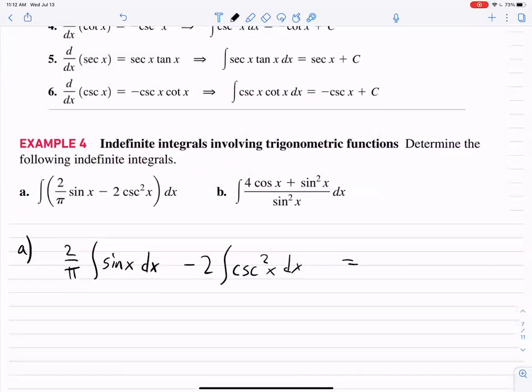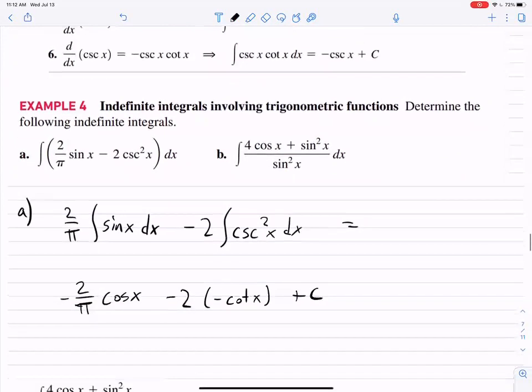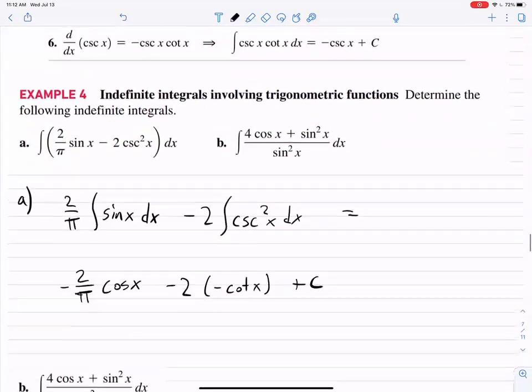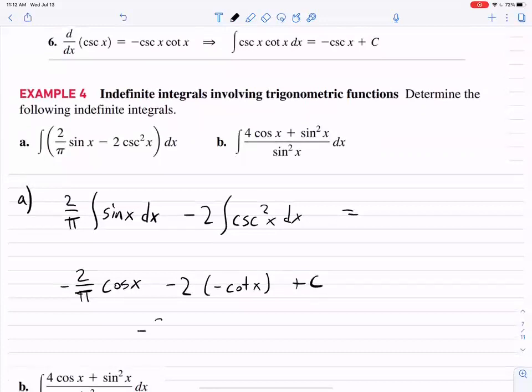And so this becomes 2 pi times negative cosine x, and then minus 2 times negative cotangent x plus c, which is plus 2, but I can rewrite that. So it's negative 2 pi cosine x plus 2 cotangent x plus c.